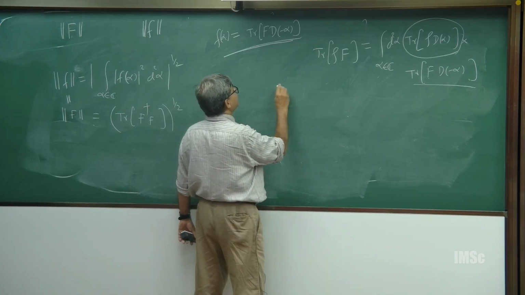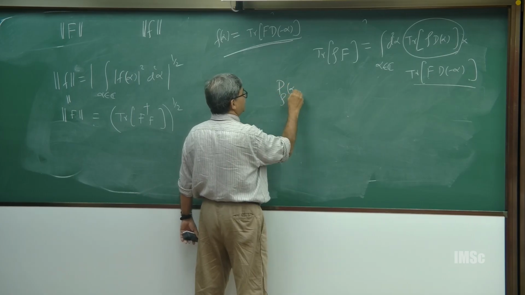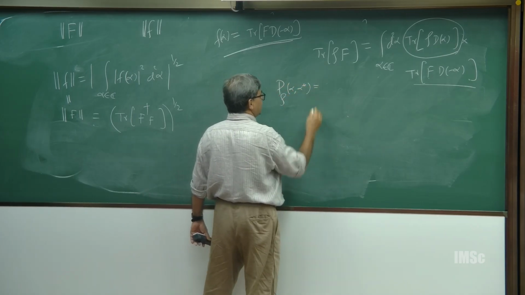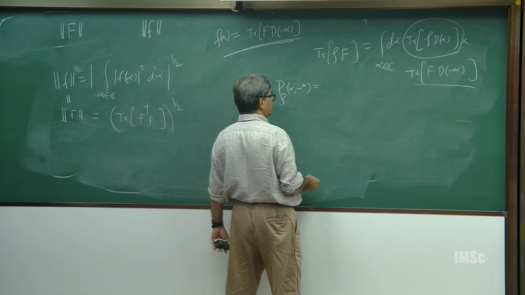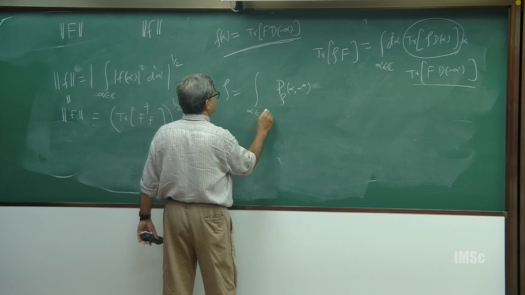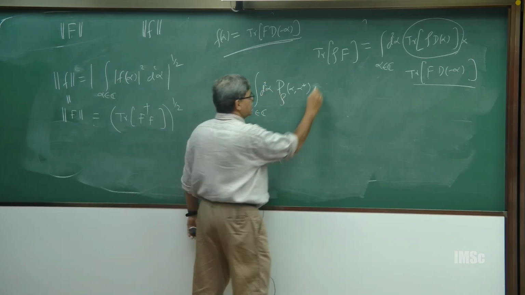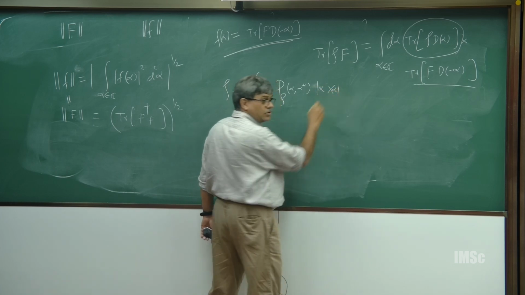You know that if you look at the P function, P of rho, alpha, alpha star, which is, no, I'll write this as rho: the integral over alpha belonging to C, d square alpha, P of rho, alpha, alpha star.